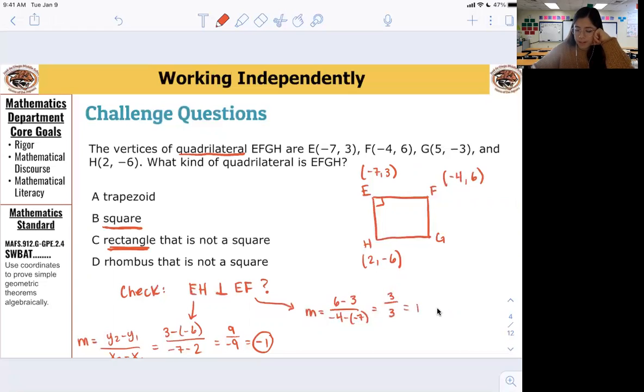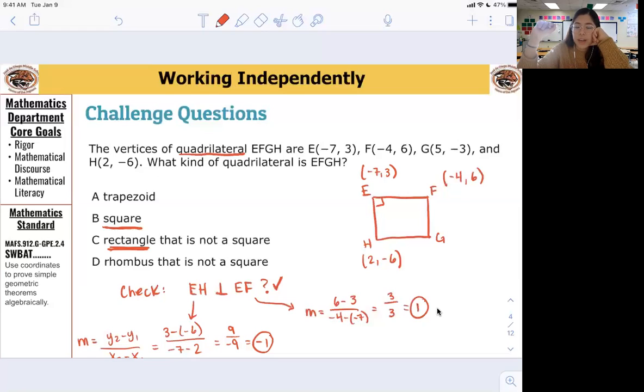1. Do I have perpendicular slopes? Yeah, we sure do, because this is 1 and -1. So far we know about one right angle for sure.